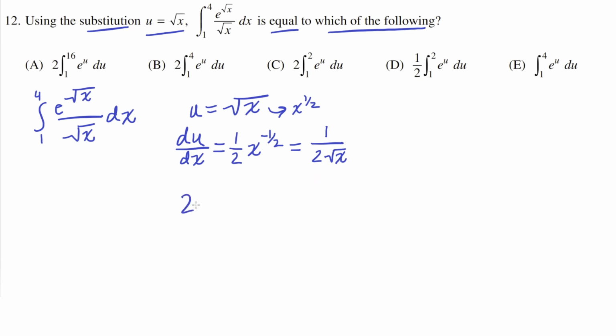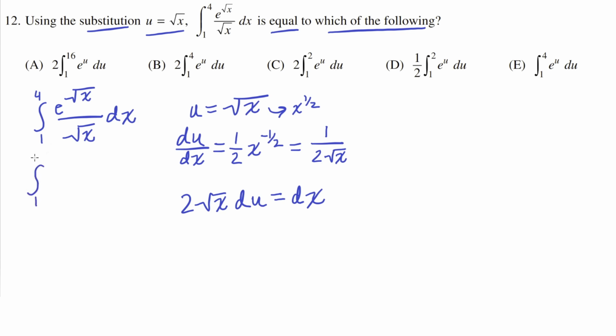This will give us 2 times the square root of x times du equals dx. We're just treating this du dx like it's a fraction, which it is, a fraction of differentials. Okay, so now we have the value of dx in terms of du, and we have u in terms of x, so we can just substitute these in.